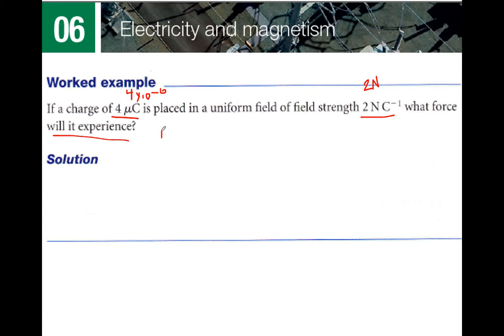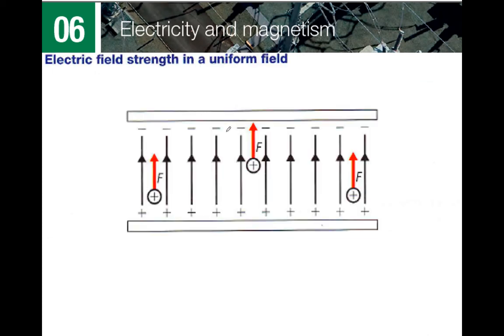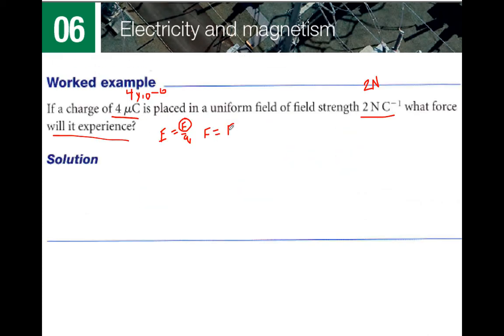Well, think about it. We were saying the field strength is equal to the force over Q. Well, now we want to know what is the force. I'm sorry, this is an E, just so you can see that. This is the force. So how do we solve for that? Well, that's force equals the electrical field strength, which is what we've been given. Oh my goodness, I went backwards.